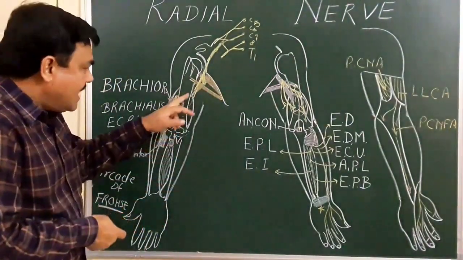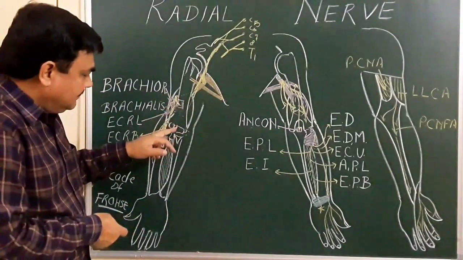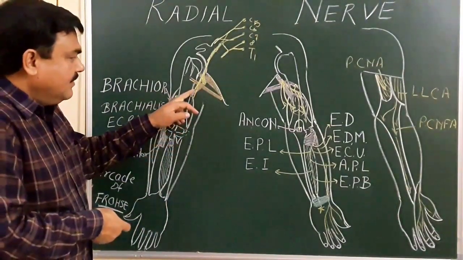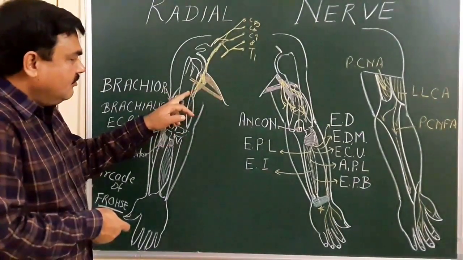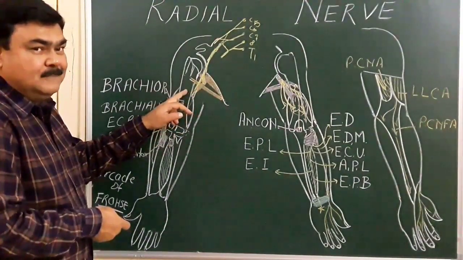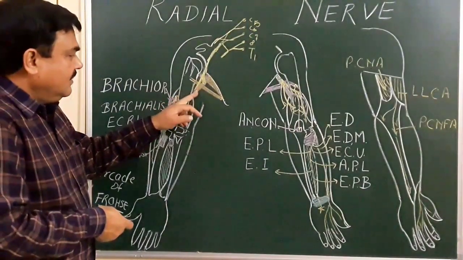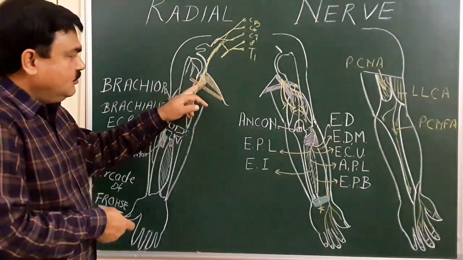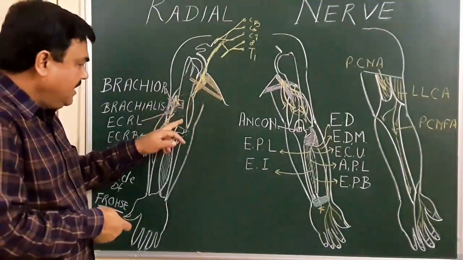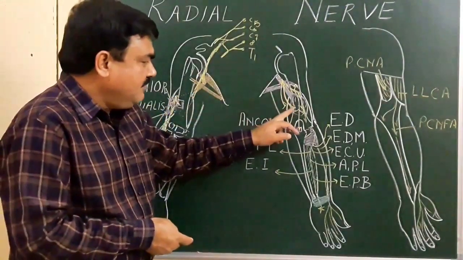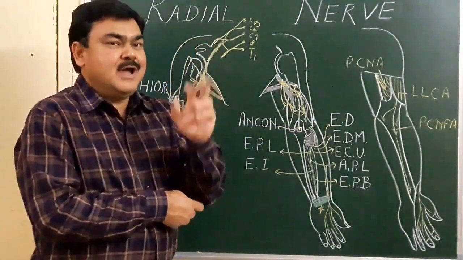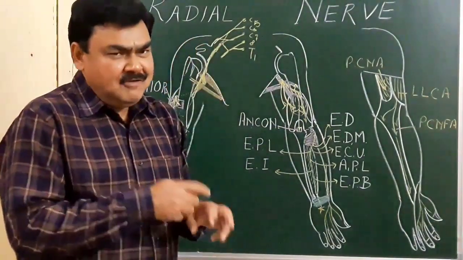Why? Because the extension of the elbow joint is supplied by branches of the radial nerve which arise earlier than the spiral groove. These are the branch to the long head of triceps and the branch to the medial head of triceps. So at the elbow joint, extension is not very much affected.